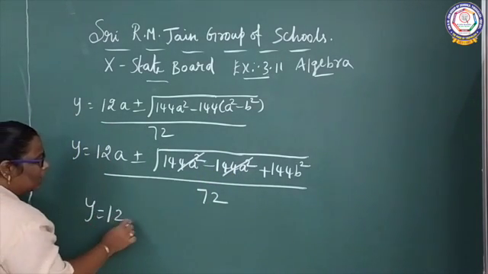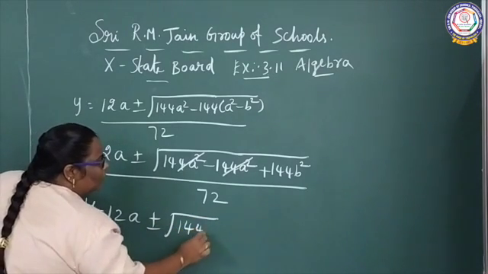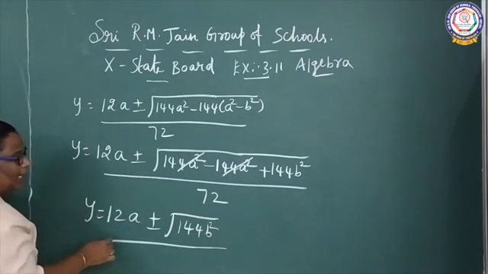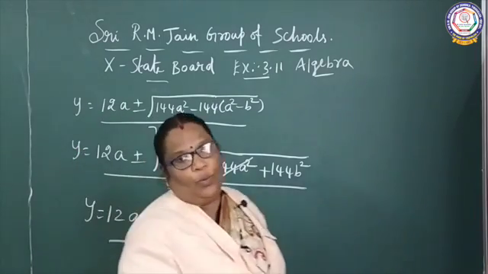y equal to 12a plus or minus root of 144b square by 72.